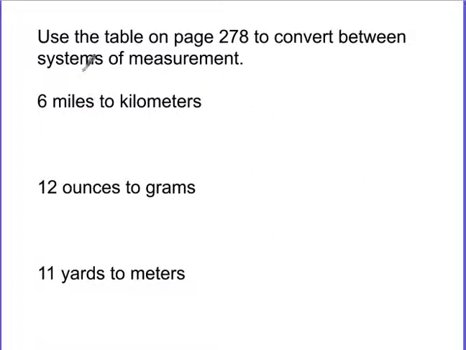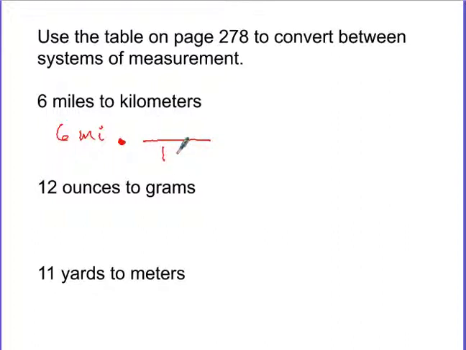These are just a little bit different the way we set them up. You start with the beginning number. I'm going to convert 6 miles. Start with that, 6 miles, and I want to change it to kilometers. So where do I want to put miles on my conversion factor? On the bottom.